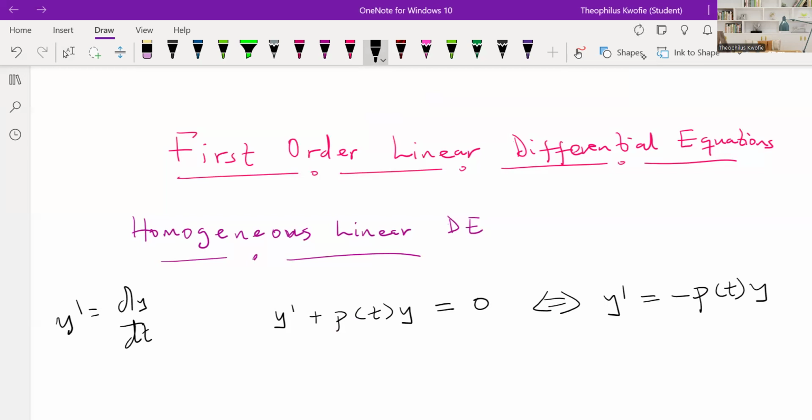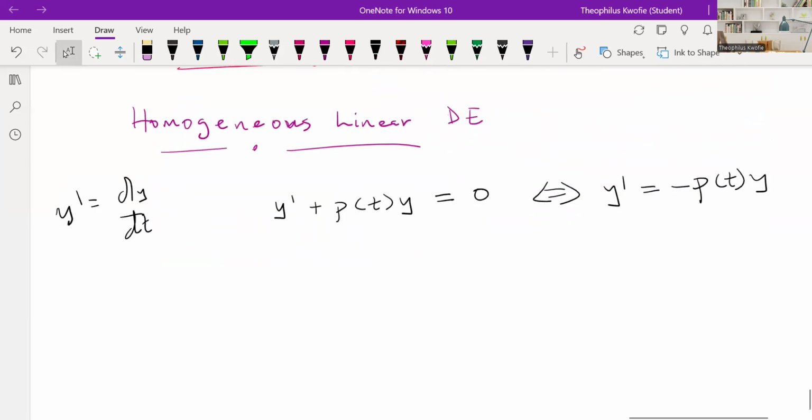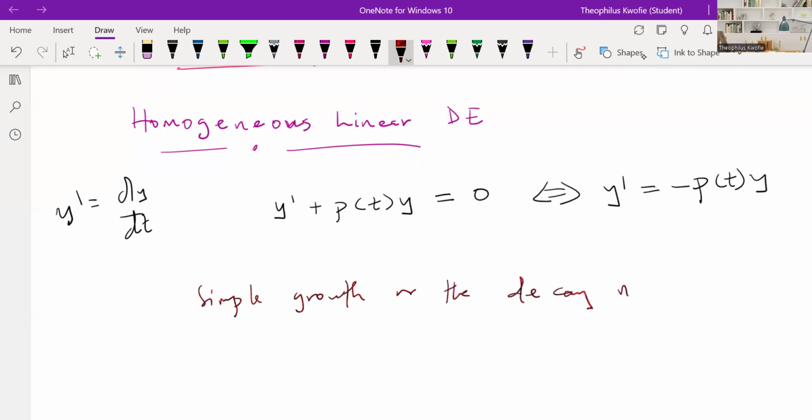If you have been following us over the months, we've seen first order homogeneous linear differential equations, namely the simple growth and the decay model.